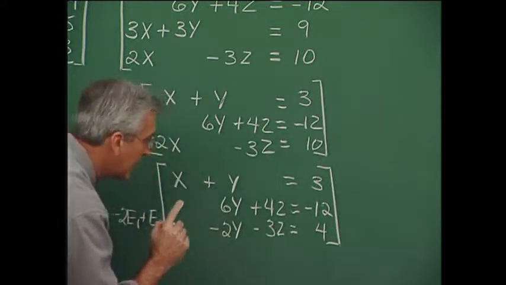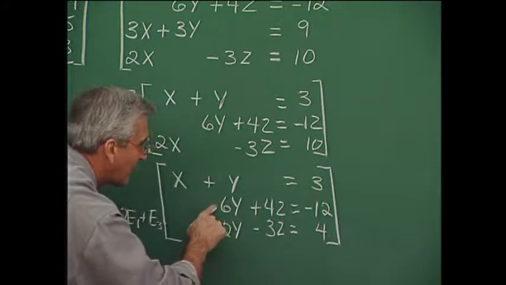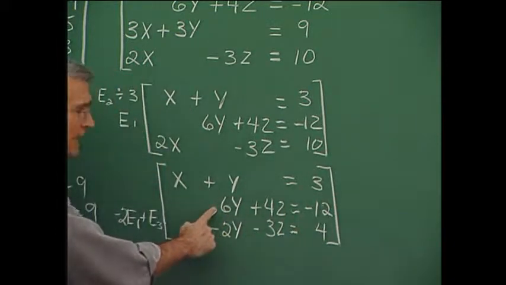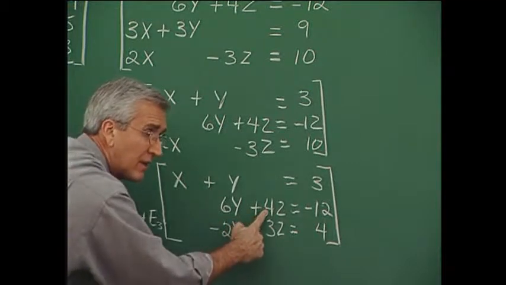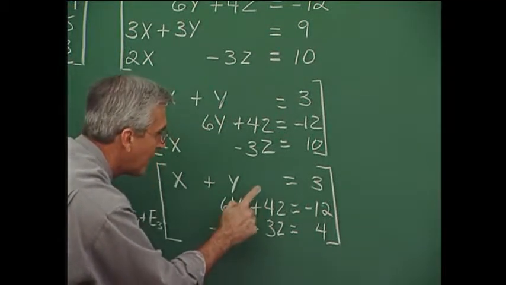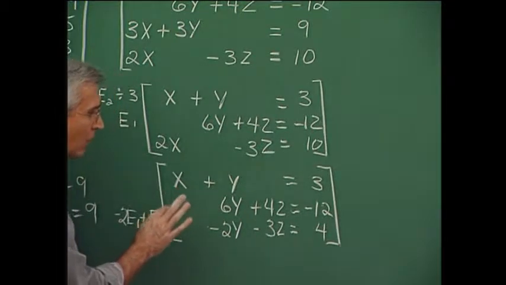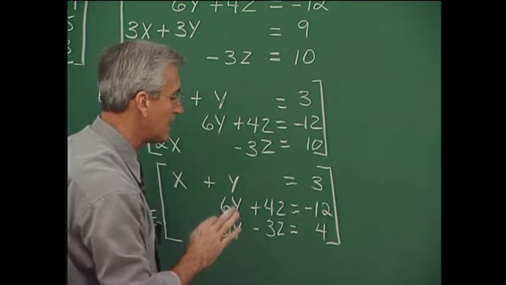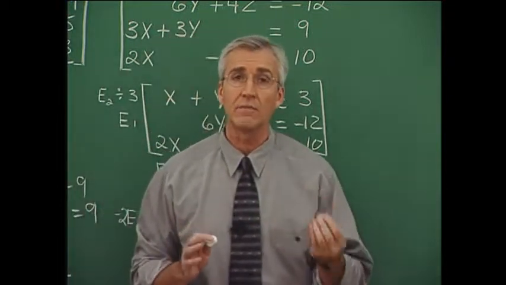Another way is to just very quickly divide through here by 6. Now, if we divide through by 6, notice the 4 divided by 6 doesn't go evenly. We would have a fraction involved. And when you begin to involve fractions in these problems, sometimes the problem can get algebraically out of hand. So you need to be careful about that.